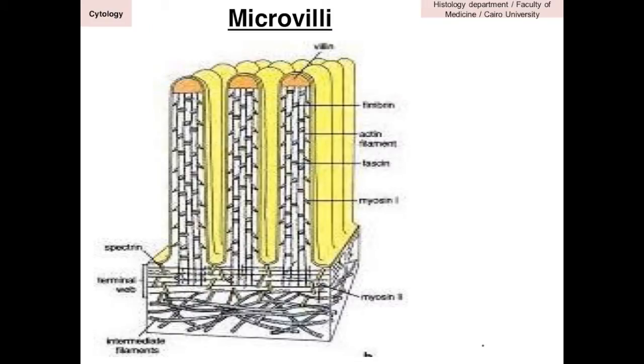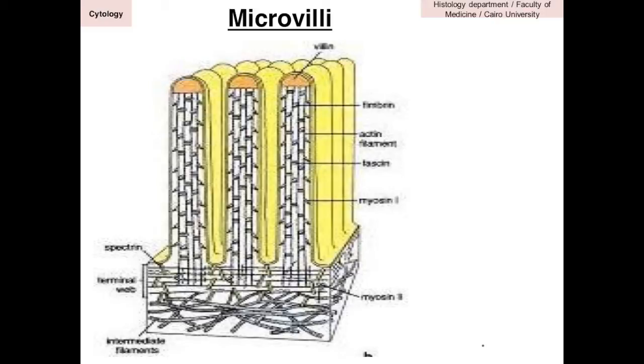This is a diagram demonstrating the important function of the actin or the microfilaments, which is that it is present in the microvilli. The microvilli are present on the surface of absorbing cell like the intestinal cell to increase surface area of absorption. They are supported by these actin filaments or the microfilaments.